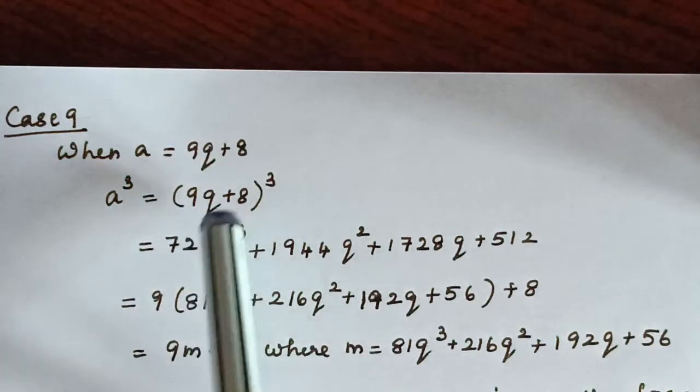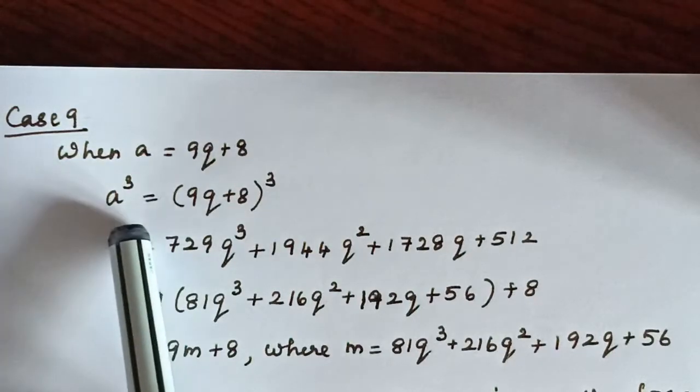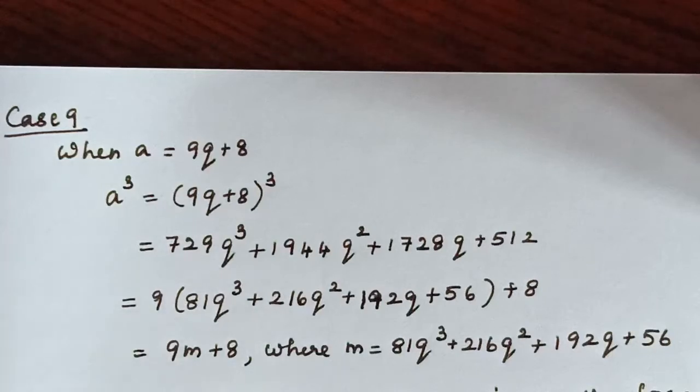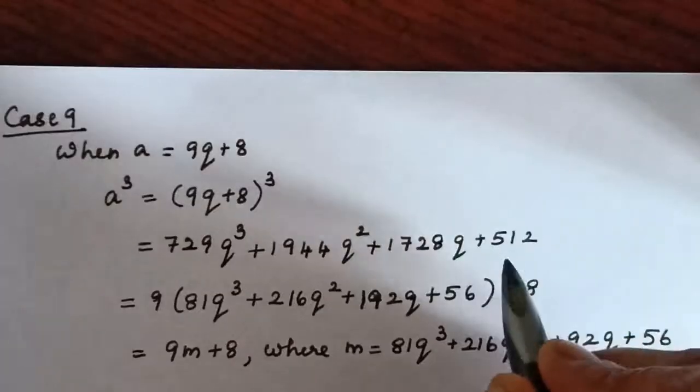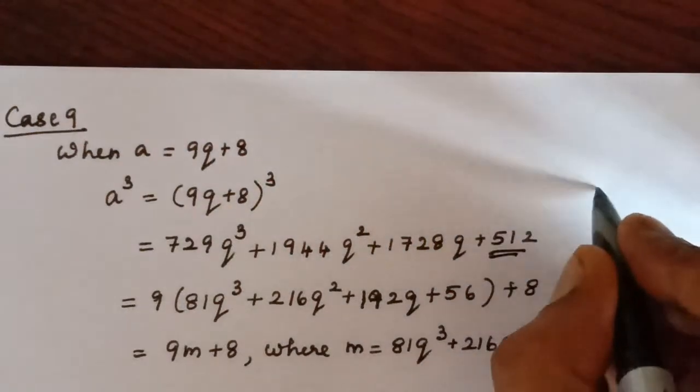When a is equal to 9q plus 8, cube it. a cube is equal to (9q plus 8) the whole cube, which is equal to 729q cube plus 1944q squared plus 1728q plus 512. Now we will see whether this 512 is a multiple of 9.